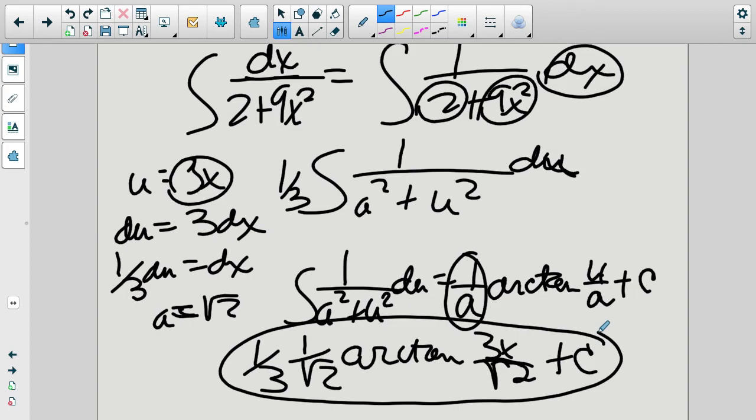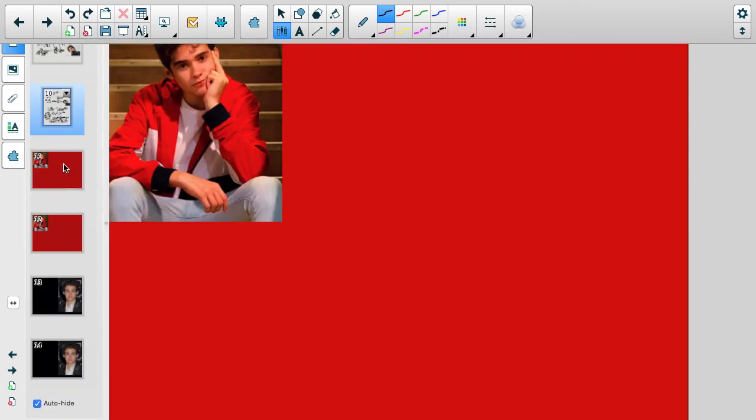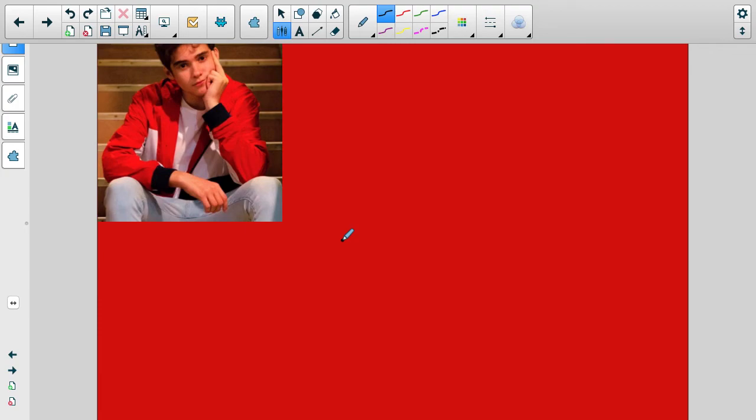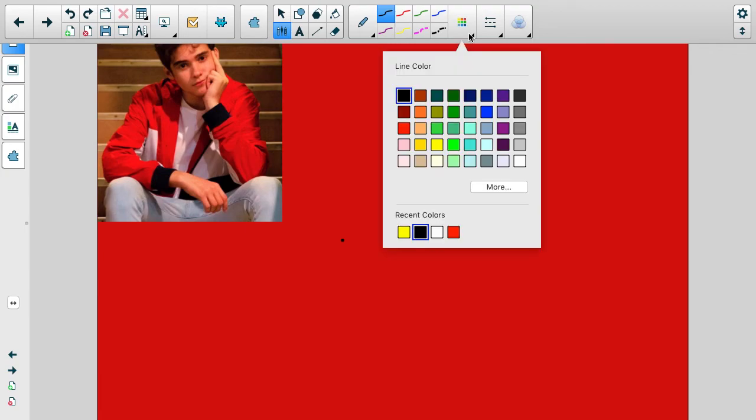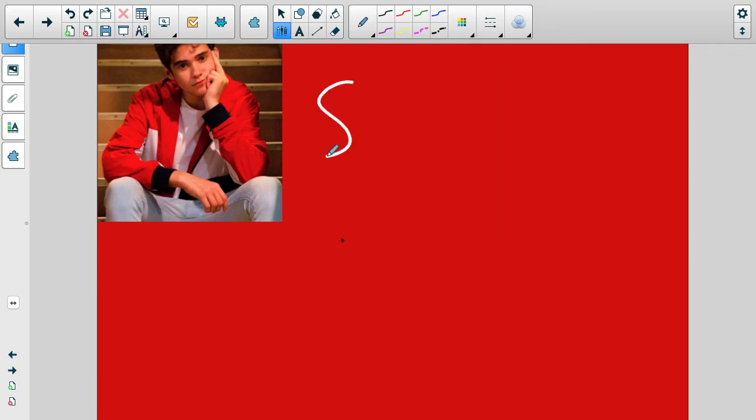Okay, so now let's do this one. I'm just going to keep doing examples. All right, so this one I have the integral of 1 over x square root of 4x squared minus 9 dx.